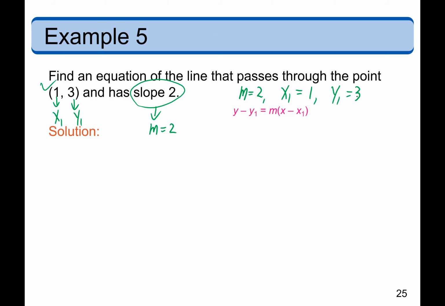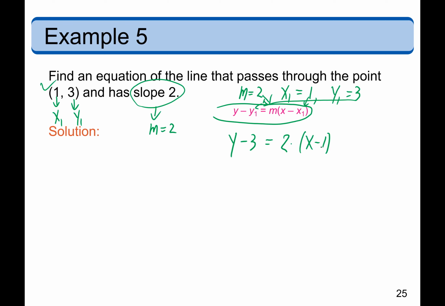So now applying the point slope formula, you plug in the slope, plug in x1, plug in y1, and you'll be able to get the equation of the line. This is basically y minus 3 equals slope 2 times x minus 1.